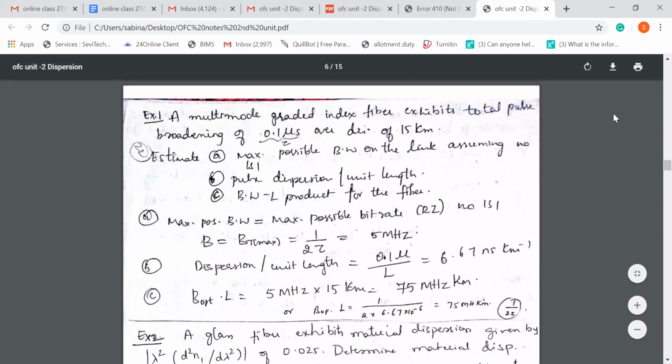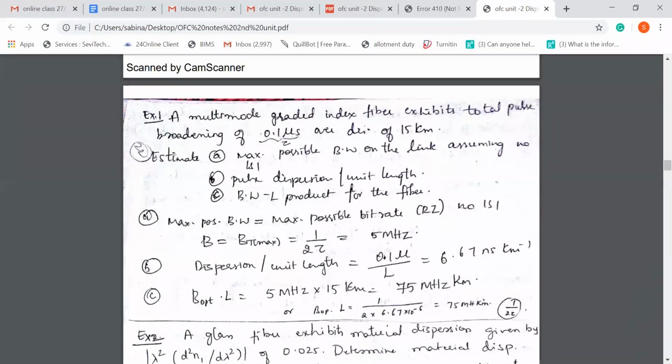All of you please go through this particular problem. Nothing needs to be explained here; you just need to see how we can solve it. Whatever formulas we used before, you have to use them and solve the problem.